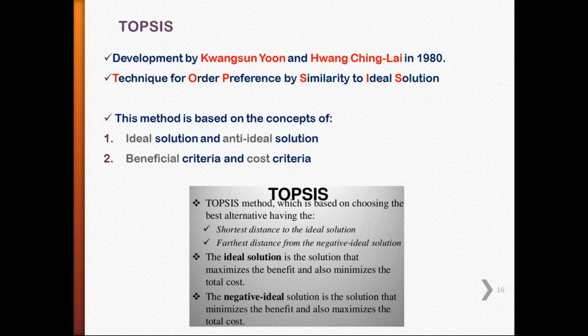Now come to TOPSIS. What is TOPSIS? TOPSIS is basically an aggregation technique which converts multi-criteria into an equivalent single criterion so as to transform a multi-criteria decision-making problem into an equivalent single criterion decision-making problem to facilitate easy decision-making. Now, full form of TOPSIS is technique for order preference by similarity to ideal solution.